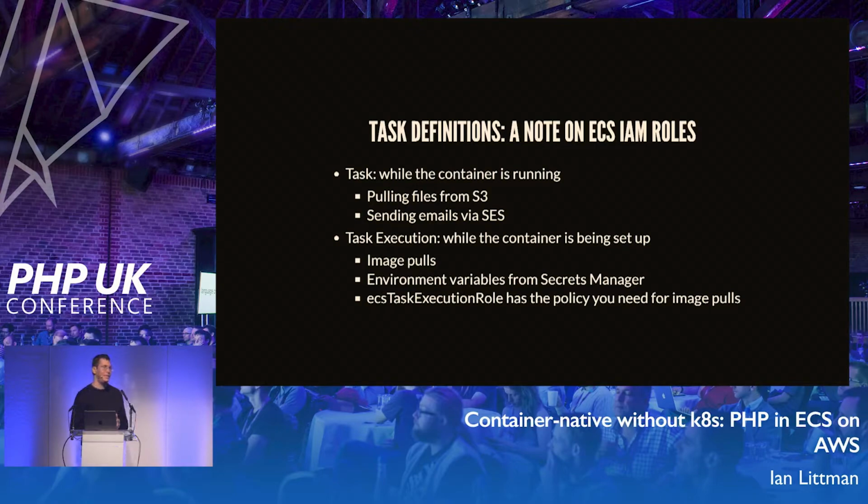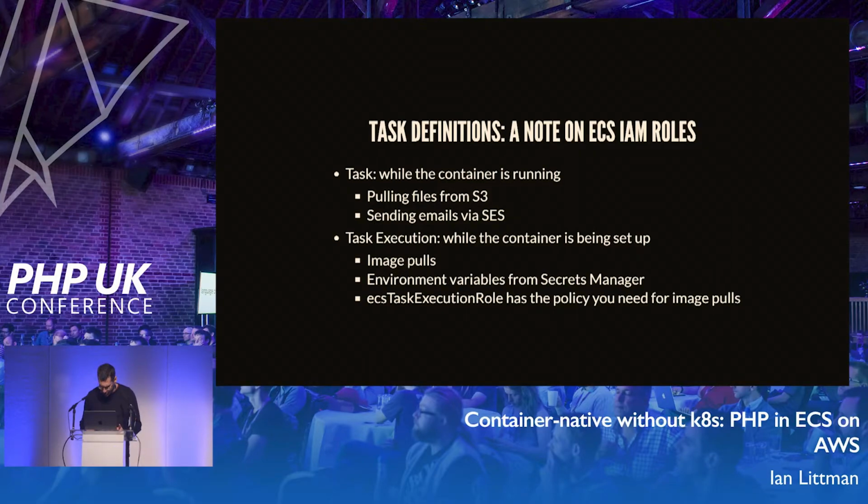So these task definitions include things like how much CPU you have set up. But before that, let's talk about roles, IAM roles specifically. There are actually two different roles that ECS will let your containers take on, depending on what stage of the process you're working at.